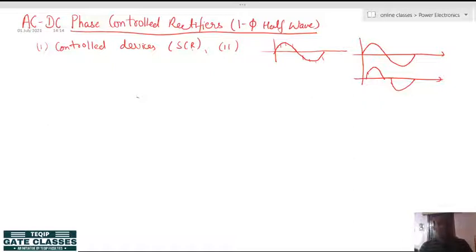So let's begin. The understanding and analysis of the circuit includes those steps which we studied in my previous lectures for AC/DC uncontrolled rectifiers. Let's begin with the single phase half wave controlled rectifier.